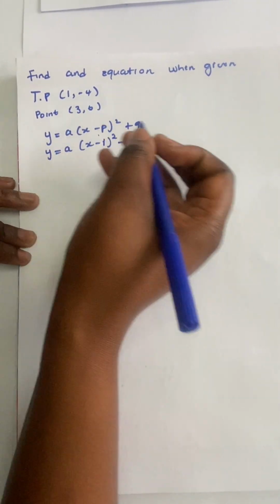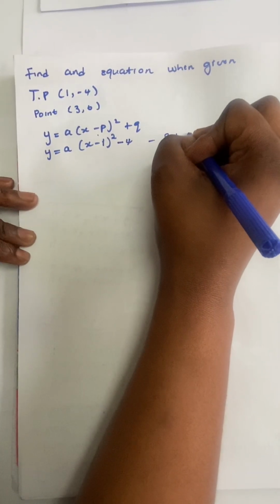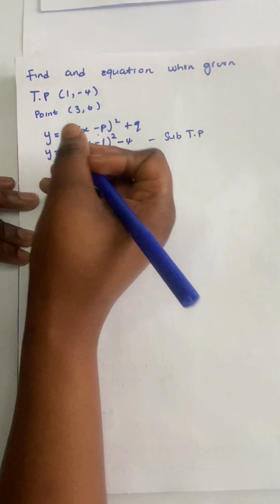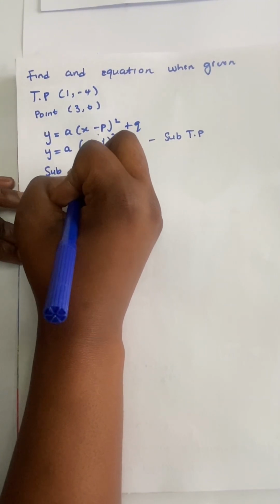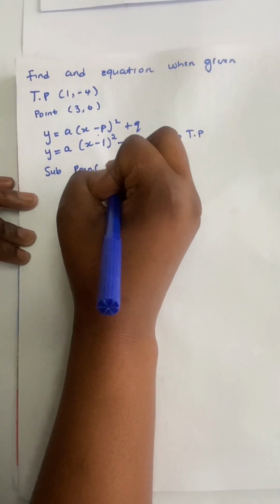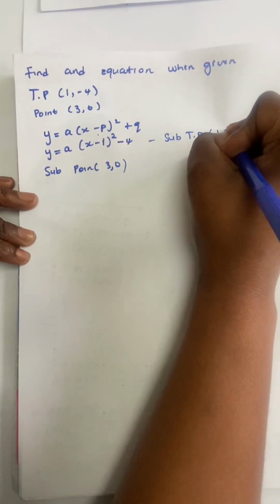Here you substituted the turning point, and then what happens now? You substitute the point 3 and 0. Here the turning point was 1 and negative 4.